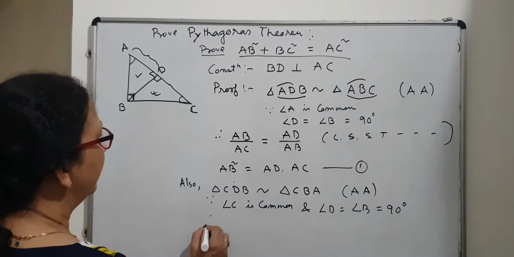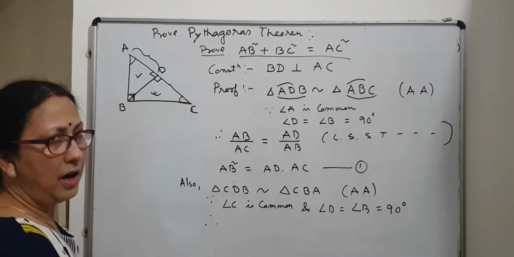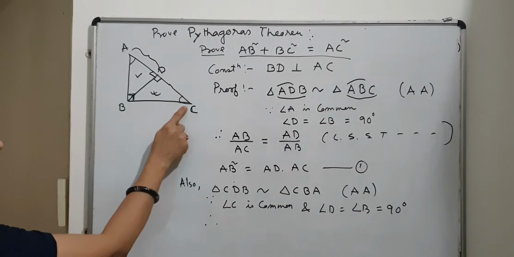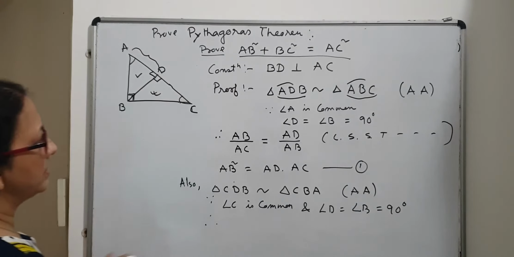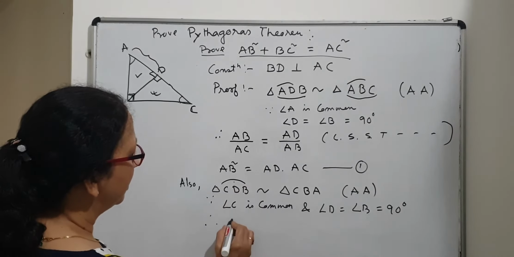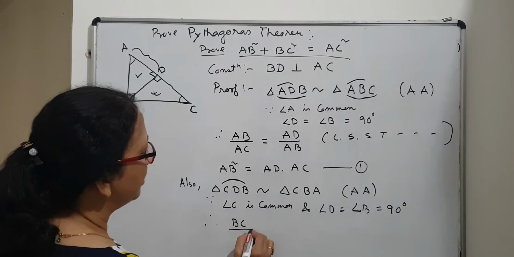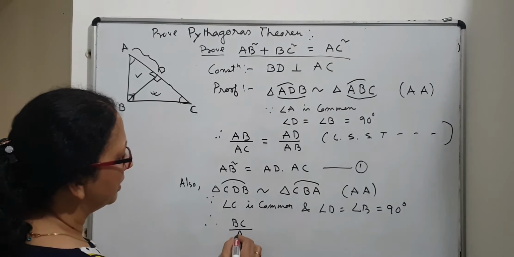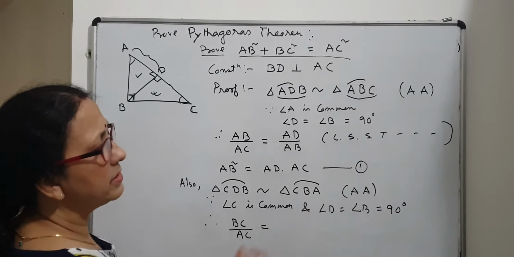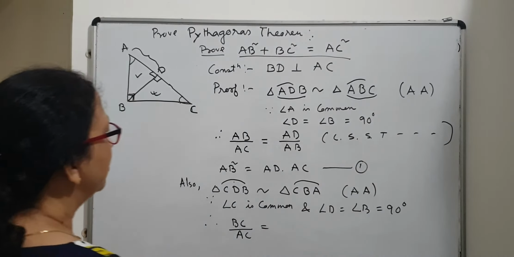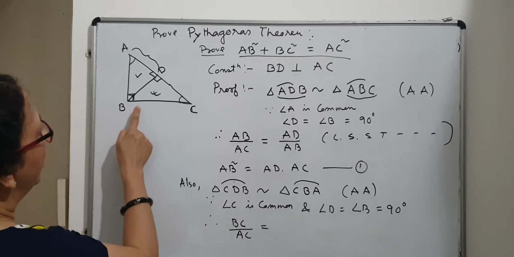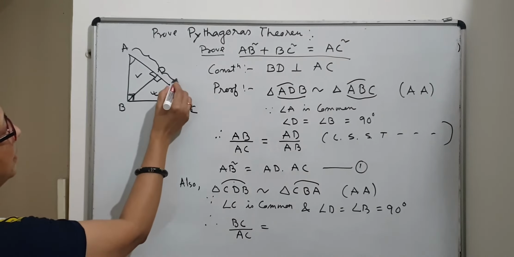So again I will take the ratio of the hypotenuses. In the triangle CDB, BC is the hypotenuse opposite to 90 degrees. So I take BC, and that will correspond to AC. AC is the hypotenuse, so automatically it will come if I take the vertices in the correct order. After that, in the triangle CDB, we will be taking this part of the hypotenuse.